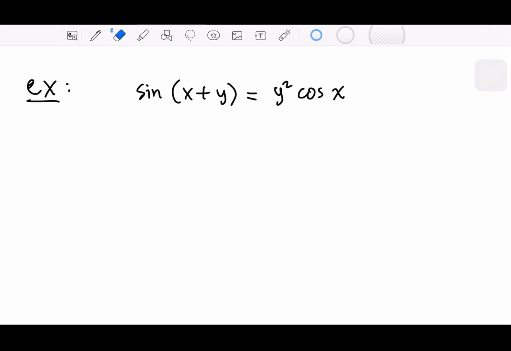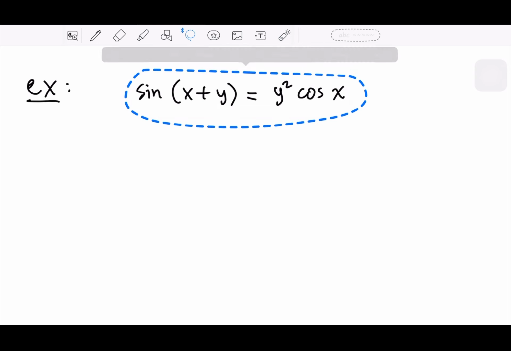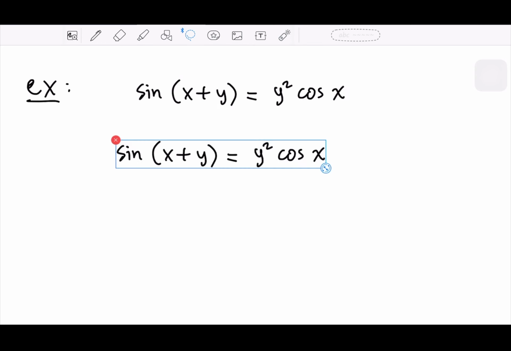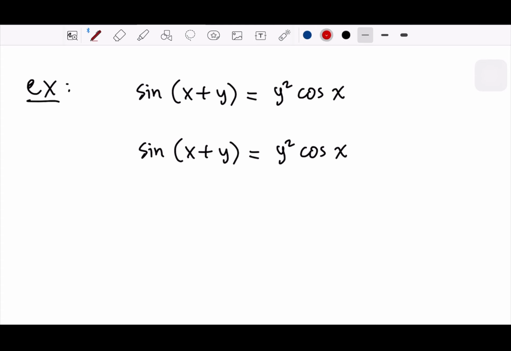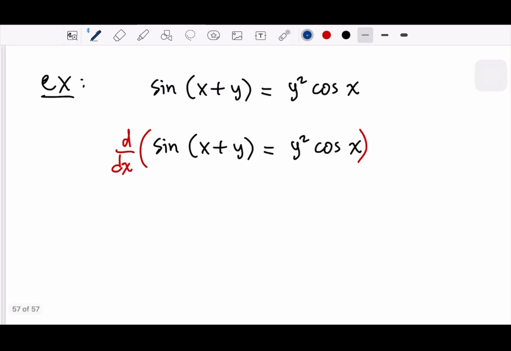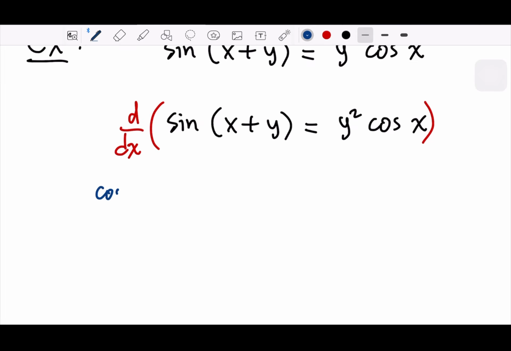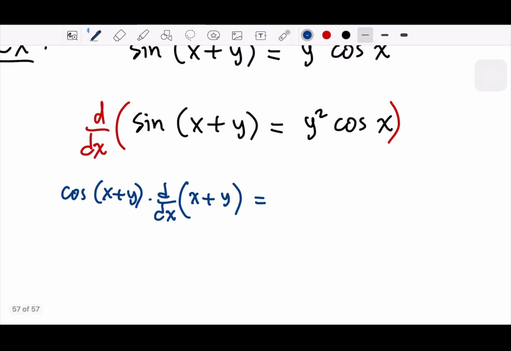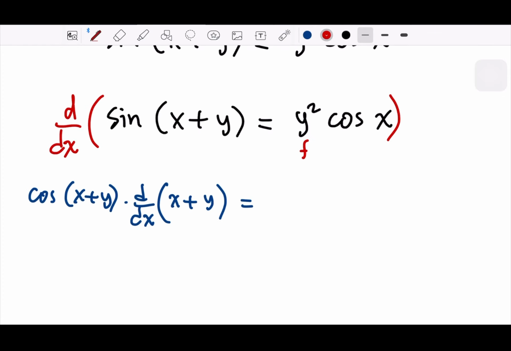So first, let me copy this here and take the derivative. So this will be cosine x plus y. Let me write slowly here for each step. This is x plus y. And this part here is fg.